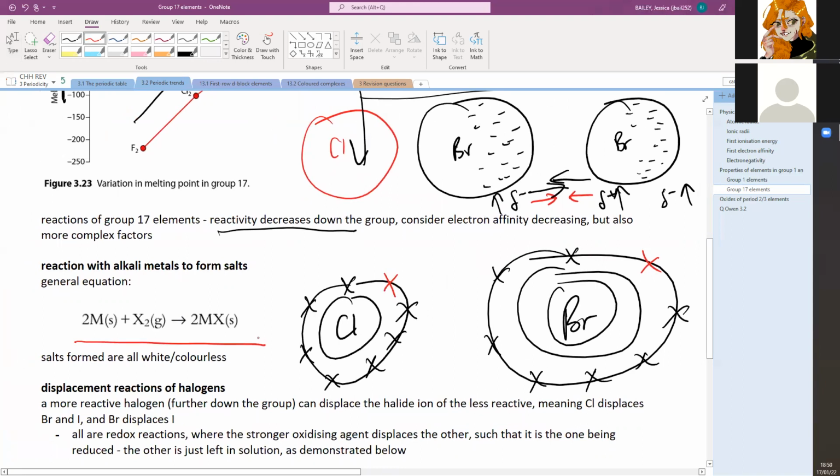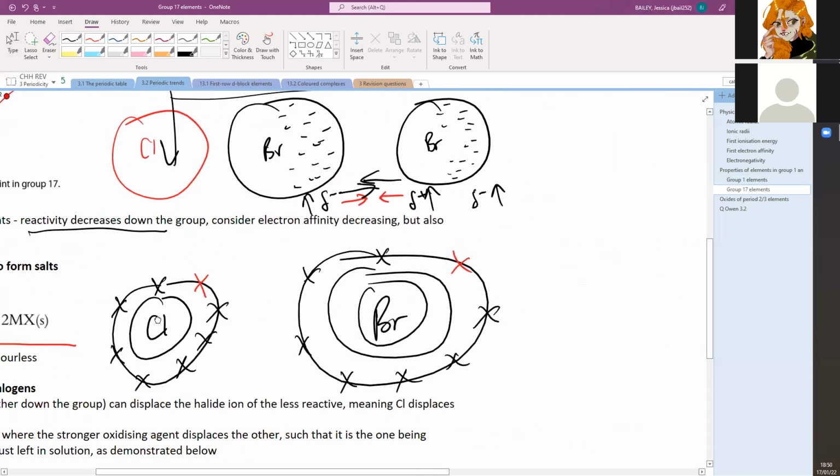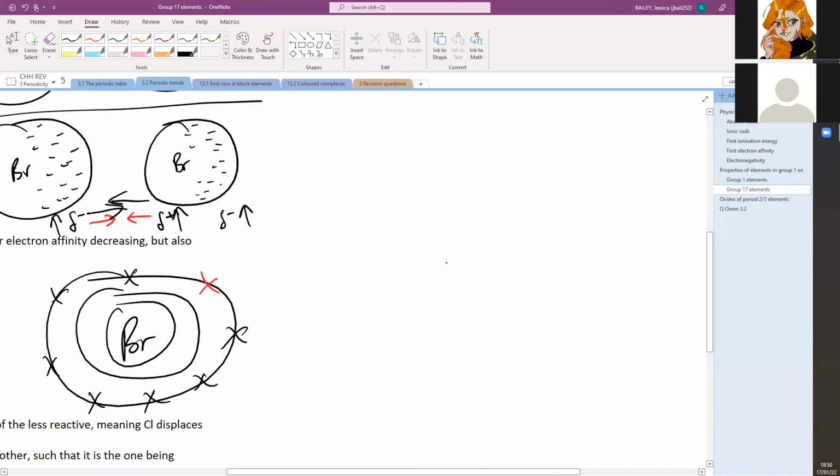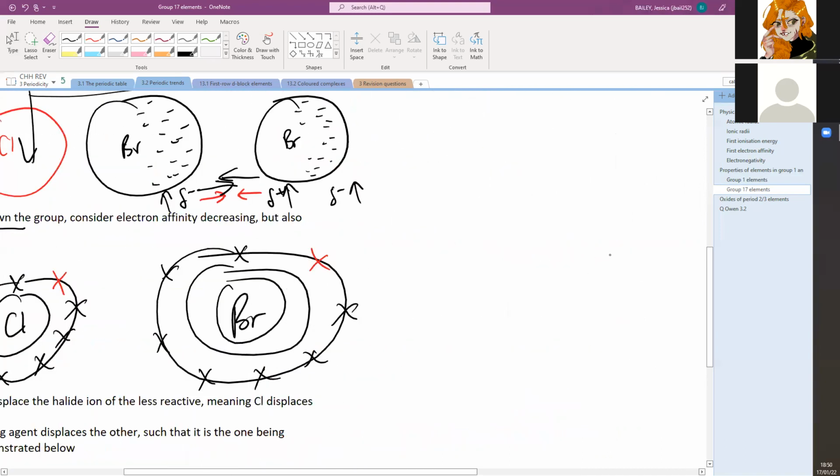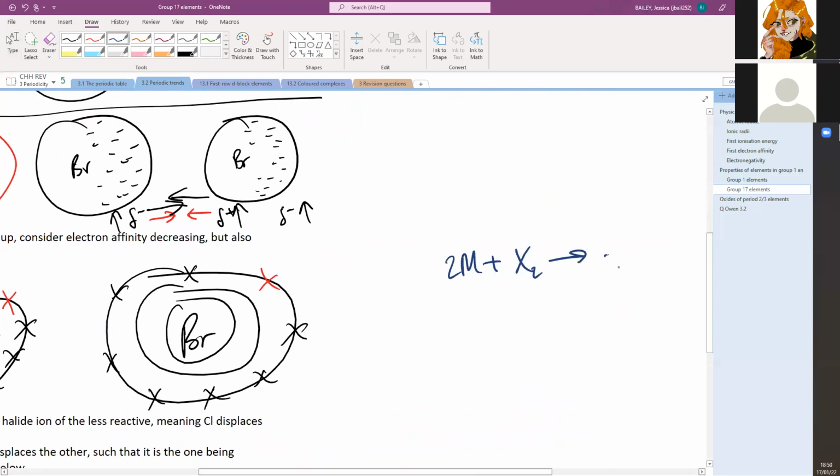This is just a general reaction that you should remember, which is between alkali metals and halogens. Pretty much the most common version of this that you'll ever see will be in the formation of table salt. So that says 2M plus X2 will turn into 2MX.